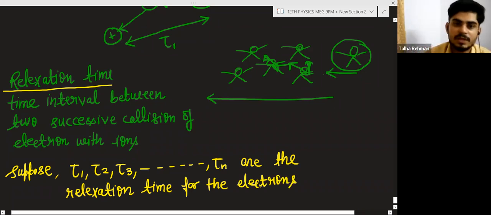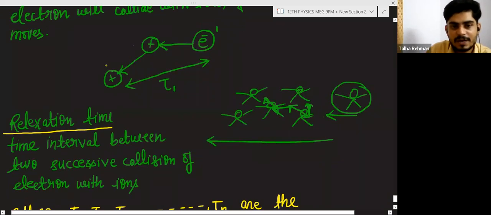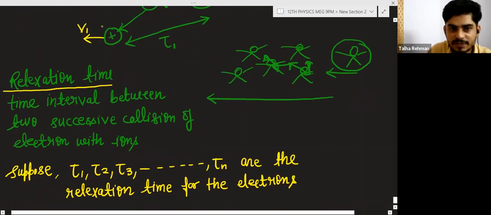After the collision with this, the electron will collide with this. After this collision, the electron will try to move in this direction with some velocity v1, because the force is trying to pull the electron in this direction.